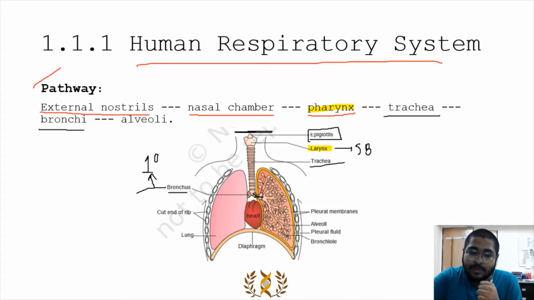The second one is the one which divides into more branches from the primary bronchi, as you can see. This division is the secondary bronchi.